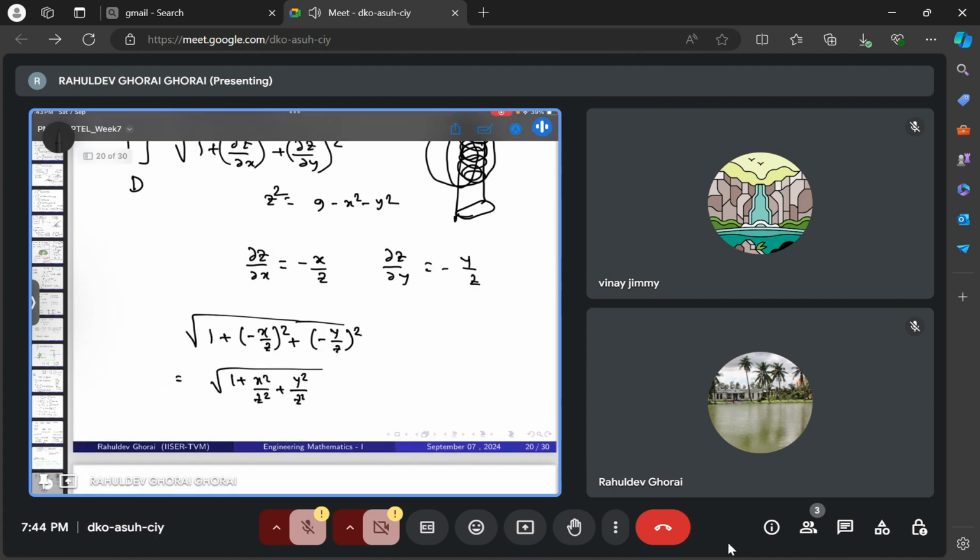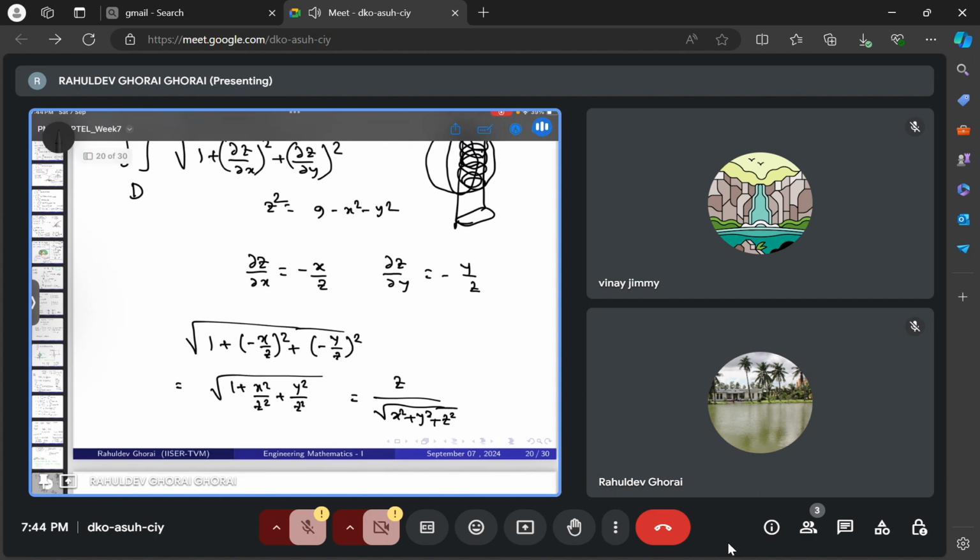That is nothing but the square root of the whole thing, z over square root of x square plus y square plus z square, with z going above.